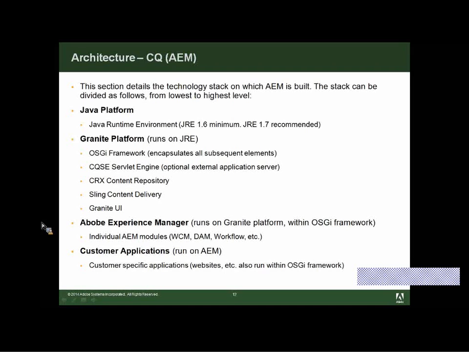On top of that, we have the Granite platform, which is a runtime, I mean, an application which runs on top of the runtime, where we have other layers as part of it. So we have the OSGI framework, which, as I said, includes all the capabilities of the server, which can be started and stopped without restarting the complete server.